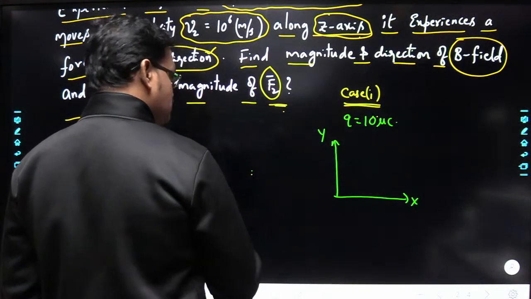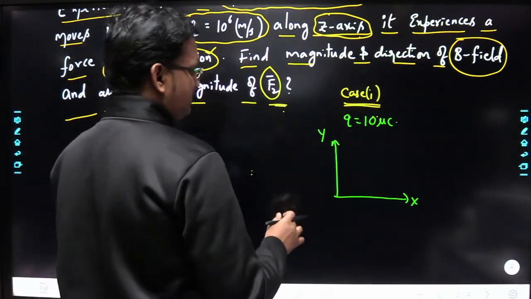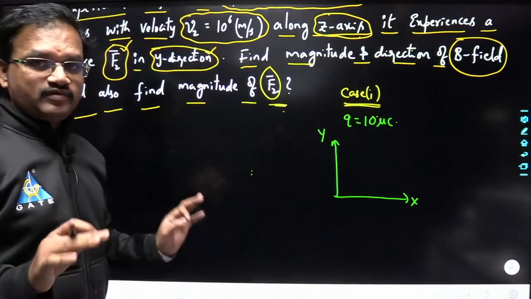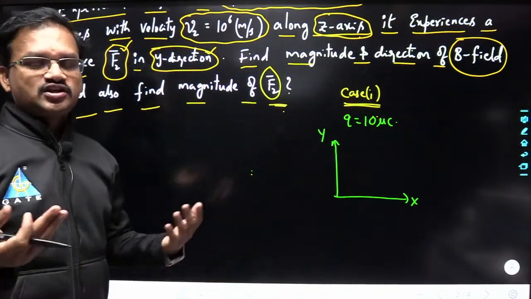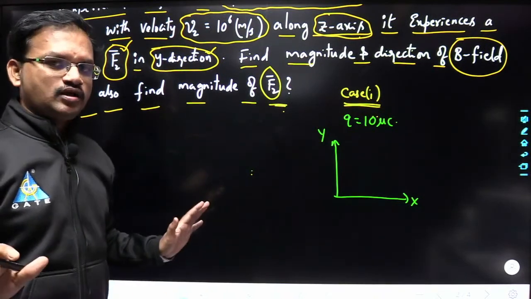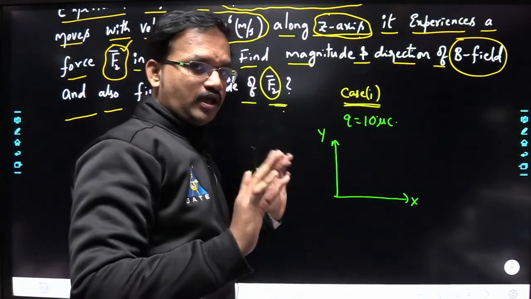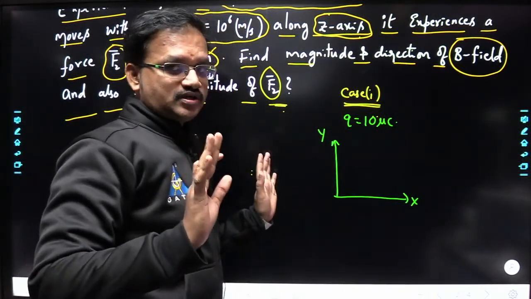So this charge q is moving in B field. Okay, they have not mentioned anything about B field here, whether it is in x direction, y direction, z direction, we don't know anything. So here you can assume some B field is present, but we don't know in which direction it is present. Understood?